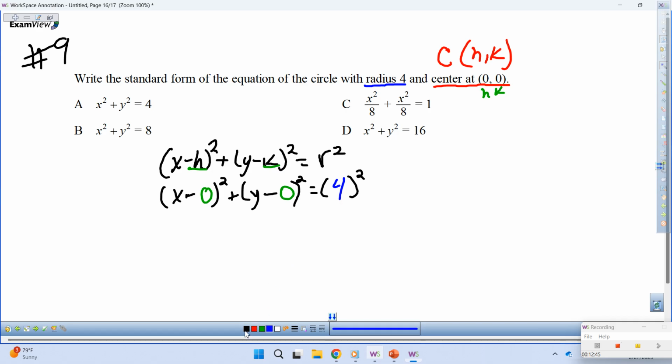All right, let's simplify. Since there's no number next to the negative, this cancels, so we're left with x squared. Same thing here, that leaves us with y squared equals 4 squared, which is 16. So the correct answer is D.